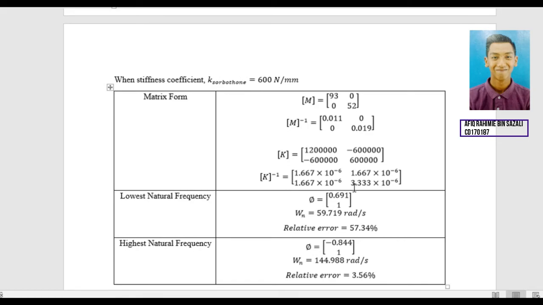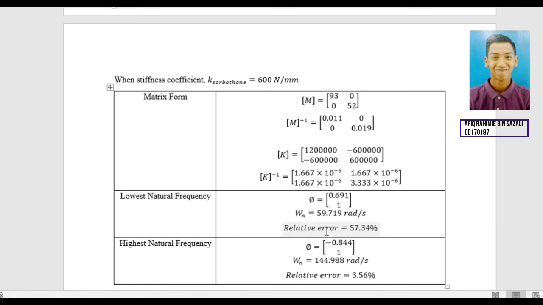When stiffness coefficient K for Sorbothane is equal to 600 Newton per millimeter, the matrix form is as shown. For the lowest natural frequency and highest natural frequency, we get 59.719 radian per second, while the highest is 144.988 radian per second.